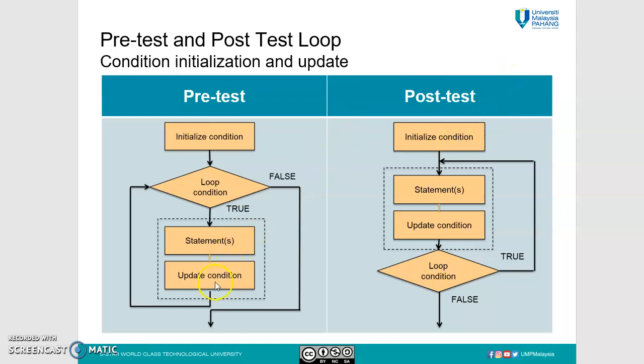But for the update condition, for pre-test, we do it after the statement. Then we will do the update condition. And for the post-test, we will do the statement and update condition first. Then after that, we will test the expression.